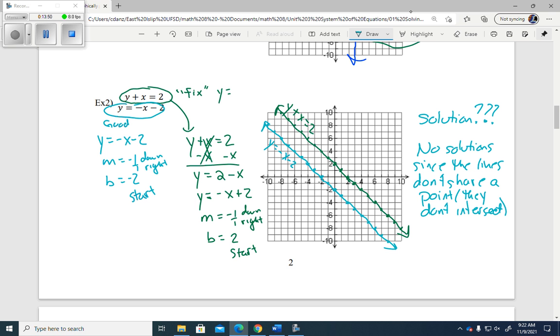So sometimes we can graph two lines and there is no solution since the lines are parallel. So parallel lines don't meet. Parallel lines have the same slope.